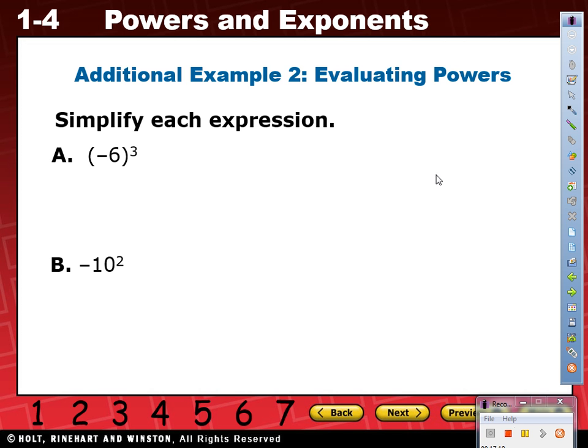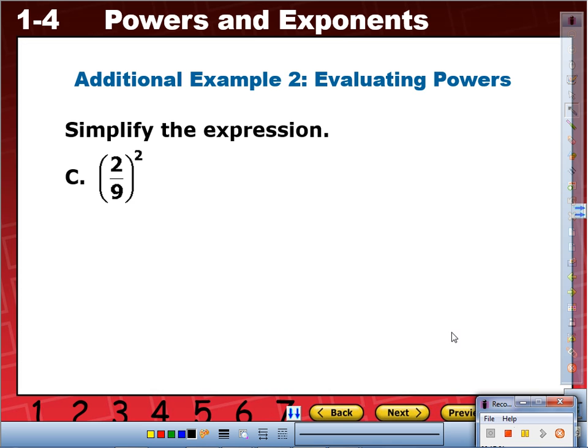So, let's move on. Copy this next one, please. Example 3C. Copy that. Parentheses, 2 9s squared. Same process. Let's rewrite it first. What's inside of the parentheses? 2 9s. How many times is multiplying itself? Twice.